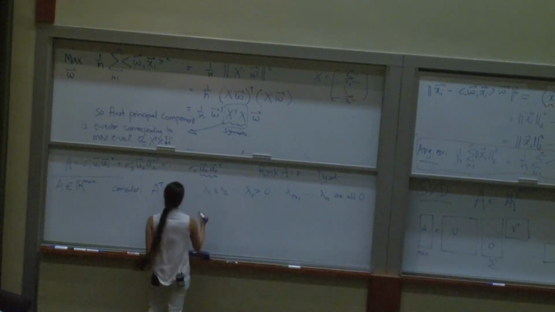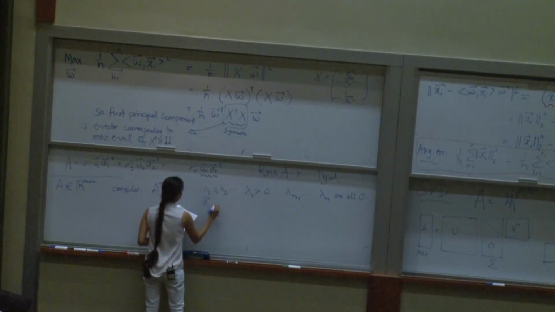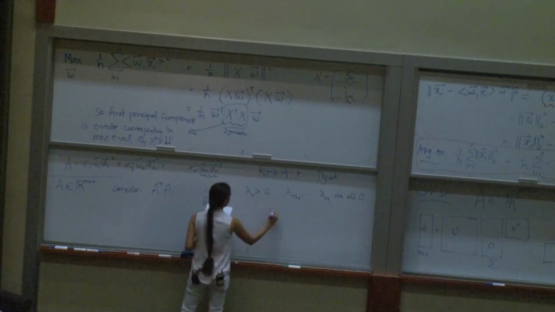And let's say the eigenvectors corresponding to these eigenvalues are v1, v2, all the way up to vn.